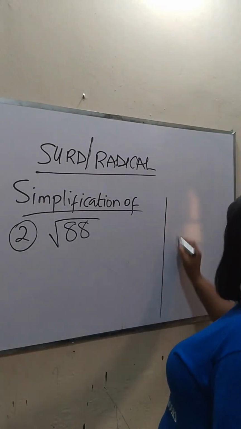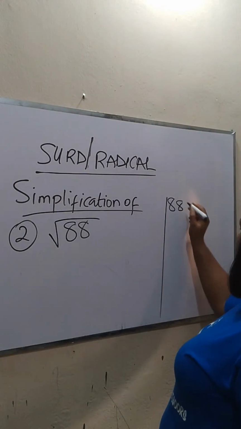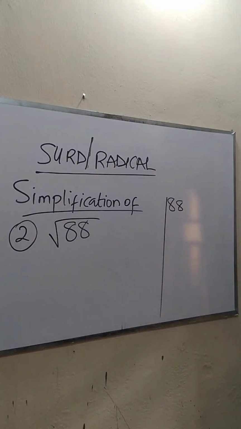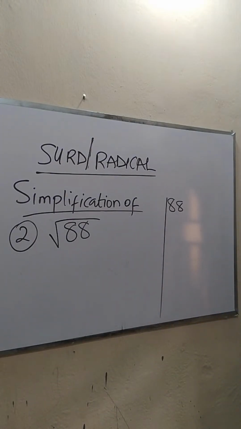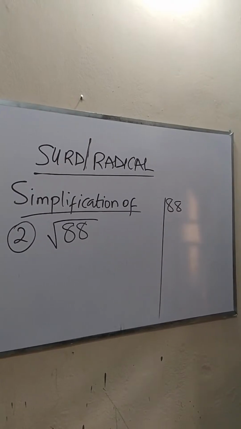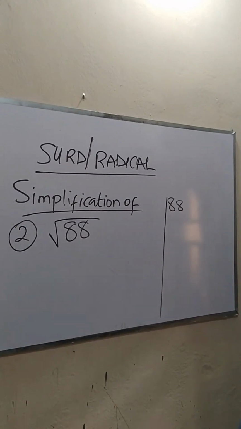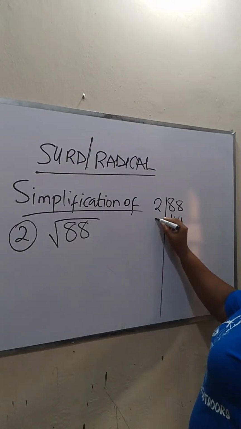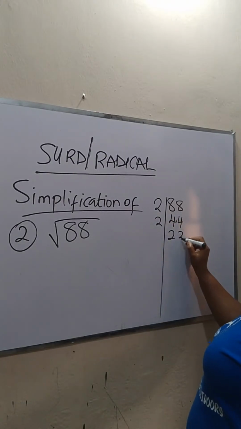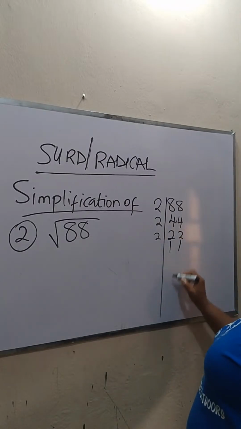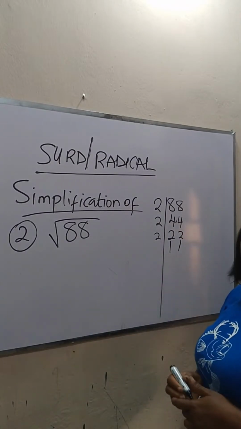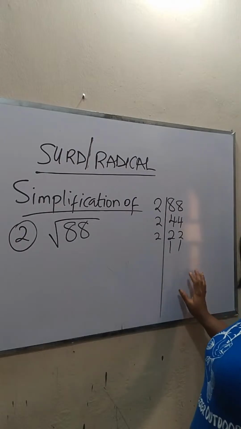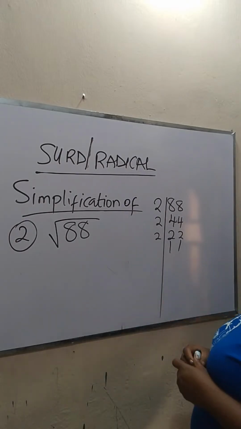All right, so we have 88. Let me check whether you're seeing it. Okay, good. So we have 88. We divide by 2, and we have 44. We divide by 2, we have 22. We divide by 2, we have 11. And 11 is a prime number, so you can't divide it further.